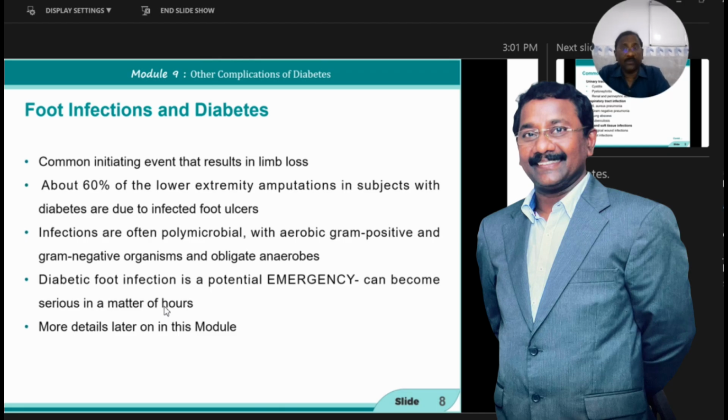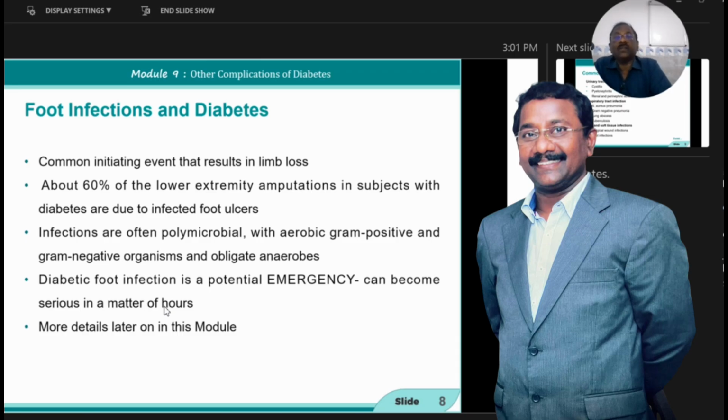Foot infections are very, very common in our diabetics, especially in our rural Indian population, and this is a very common reason leading to amputations. So whenever you see a fellow on the road with an amputated leg, there are only two reasons in the Indian population. One is traumatic amputation, the second one is diabetic amputation.